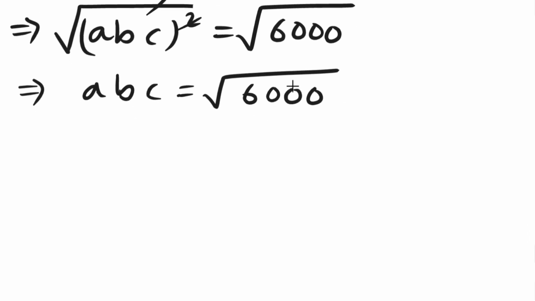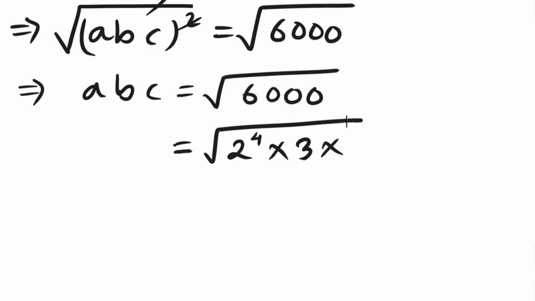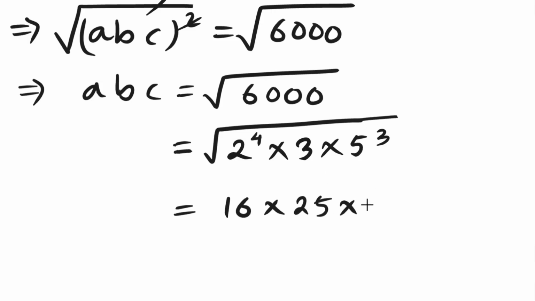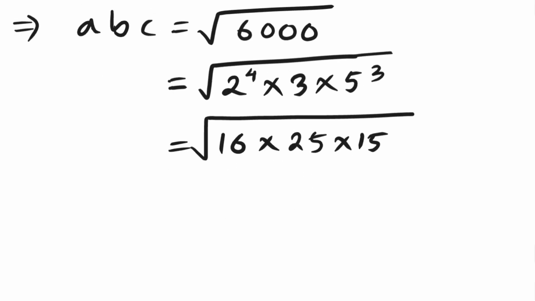First, factorize 6,000. We can write 6,000 as 2 raised to the power 4 multiplied by 3 multiplied by 5 cubed. This is also equal to 16 multiplied by 25 multiplied by 15. Now, apply the property of square roots, which tells us that the square root of a product equals the product of the square roots.